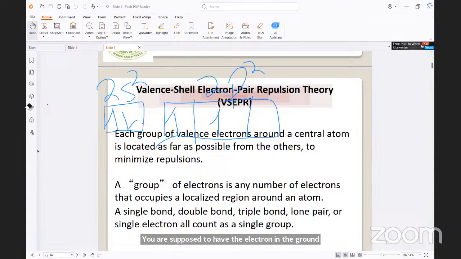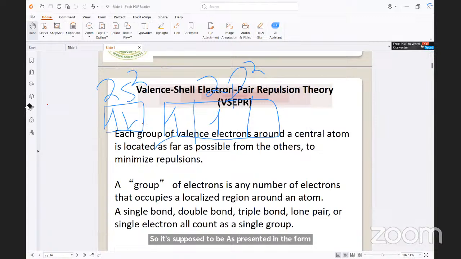You cannot have the electron pair and have it like this. This is wrong. So it is supposed to be as presented in this form.